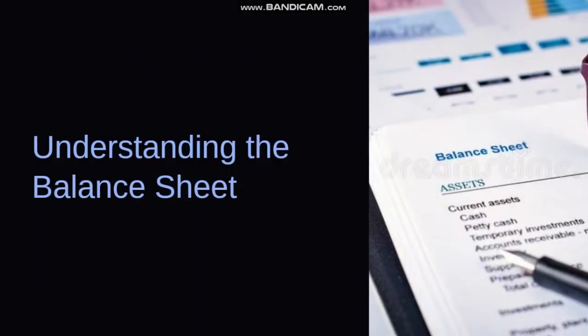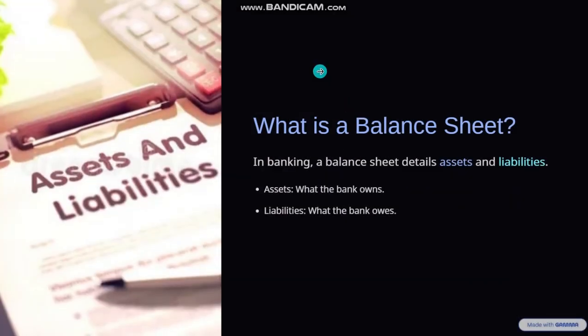Let's start by understanding the balance sheet. Now, what is a balance sheet? In banking, a balance sheet details assets and liabilities. A balance sheet is a financial statement that shows assets on one side and liabilities on the other. Assets are what the bank owns, or what earns them income.